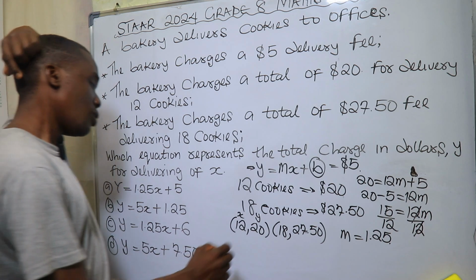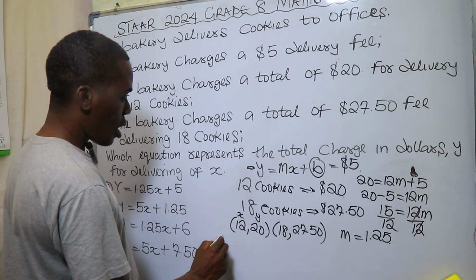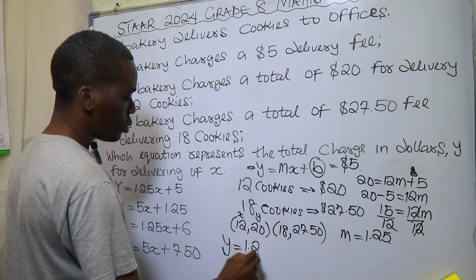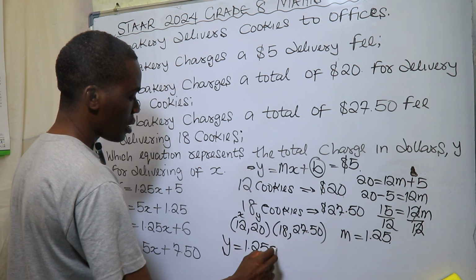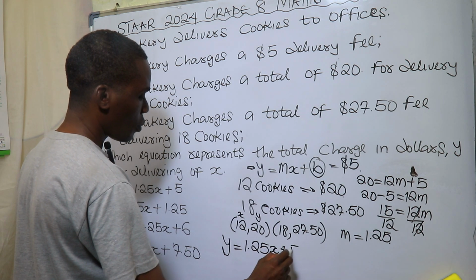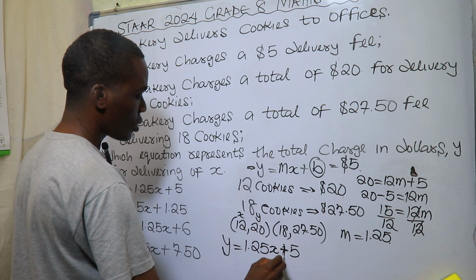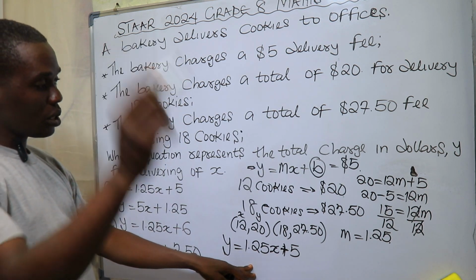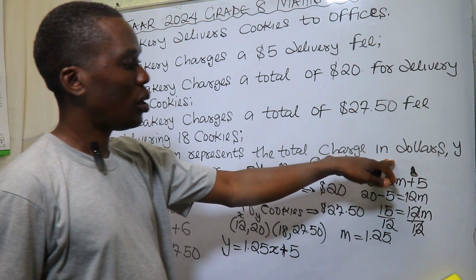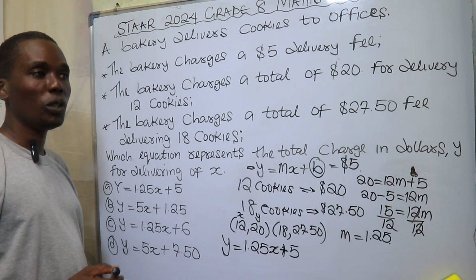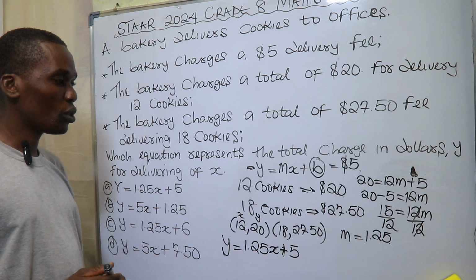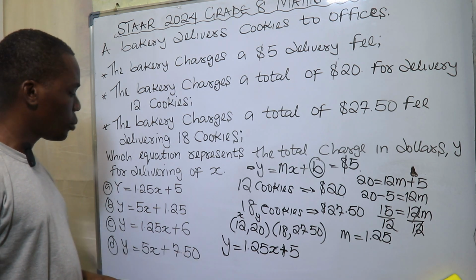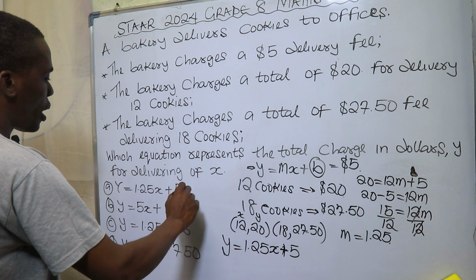So if we insert that into the expression, we have y equal to 1.25x plus 5, where 5 is the constant which represents the line of intersection on the y-axis, which is the total cost of the cookies. So the right option is going to be option Y.